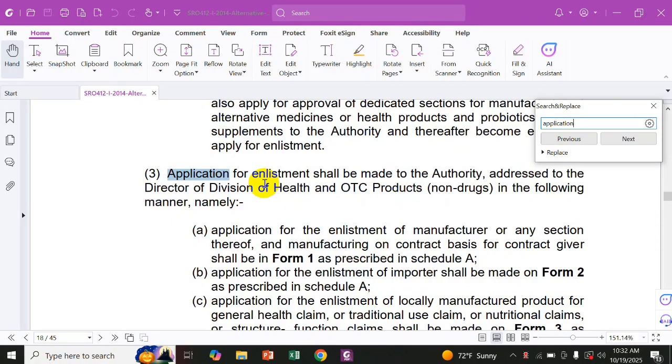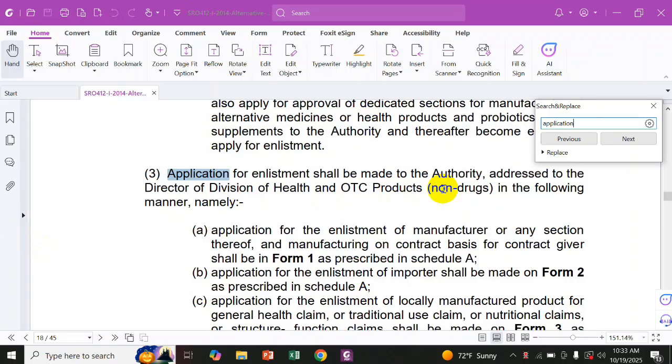In the next part, when I type my covering letter for the application, I will address my application to the Director of the Division of Health and OTC.